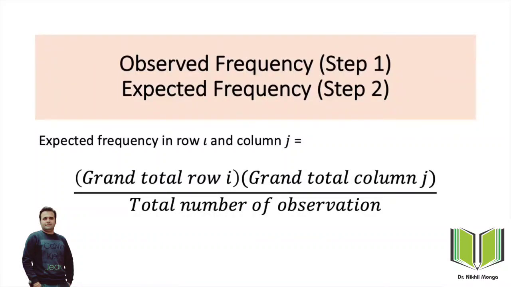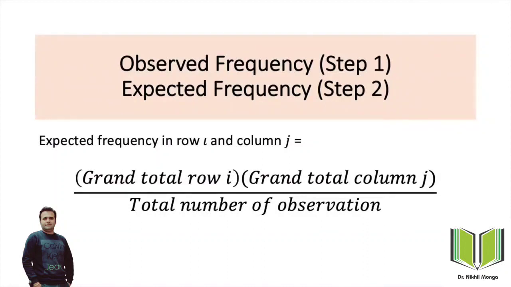First, we need to get the observed frequency. Now what is the observed frequency? The observed frequency is the data that you have collected. For example, you want to see whether there is any difference between gender and the type of education level that they have acquired. So you need to ask the people about the level of education they have obtained and record the data.